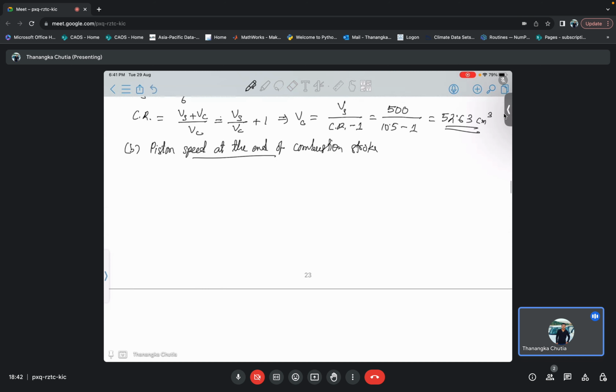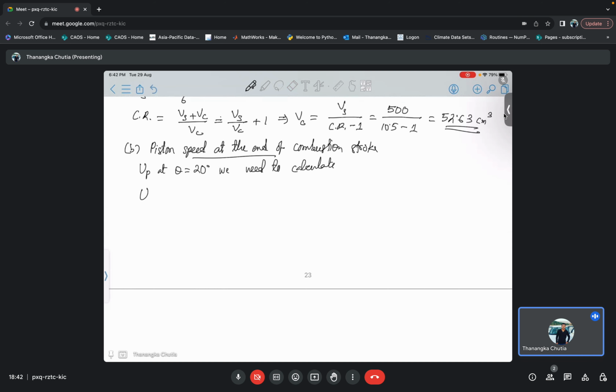This is again similarly, we have to calculate up at theta equals 20 degrees.